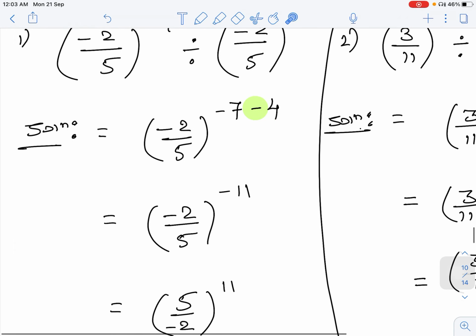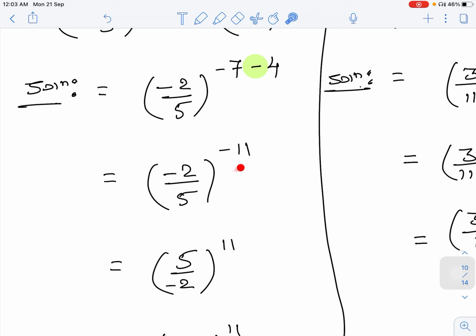So next step what you will get? This minus 2 upon 5 as it is. Now both the numbers are having same sign. So when the numbers have same sign, what we do? We add the numbers. So 7 plus 4, 11, and sign of greater number is minus, so we have written here minus. Now we don't want this power to be negative, we want to make it positive.